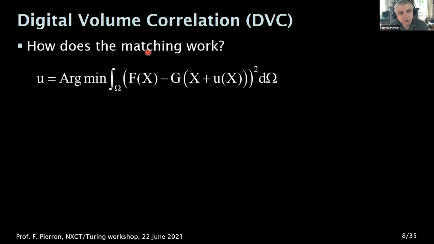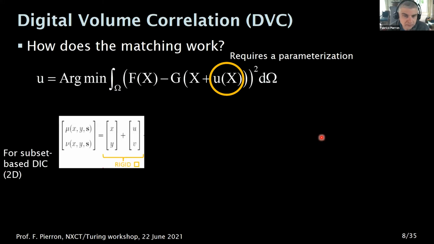Now, to do that, you need to parameterize the displacement. And this is where a lot of the problems of DVC can come from. I will illustrate in a few minutes.